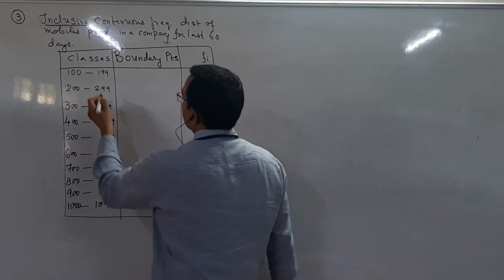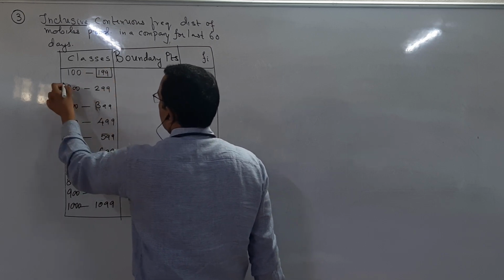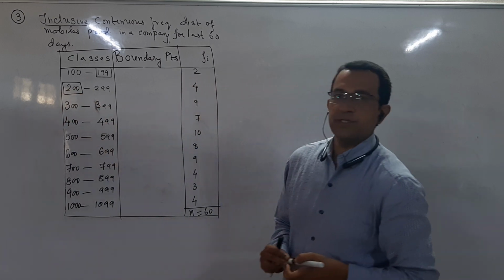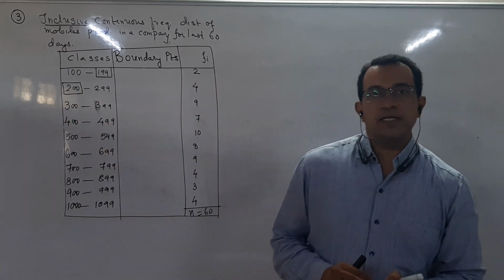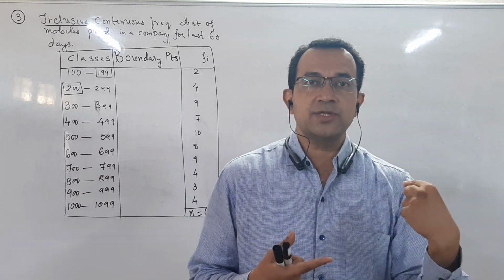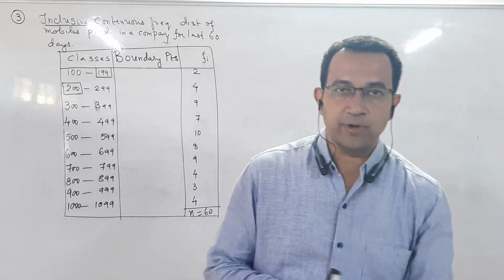Now see the gap. Upper limit of first class is 199 and lower limit of second class is 200. Gap is 1. Yesterday in the last lecture I taught you, half the gap you subtract from lower limit to get lower boundary point.